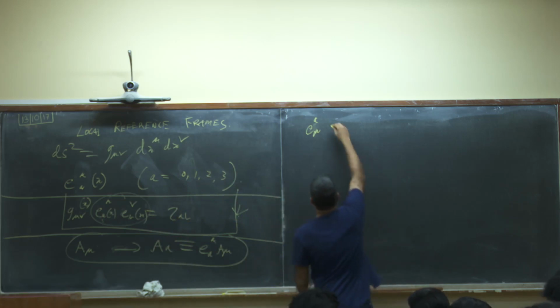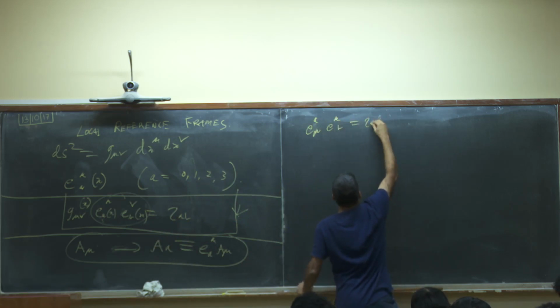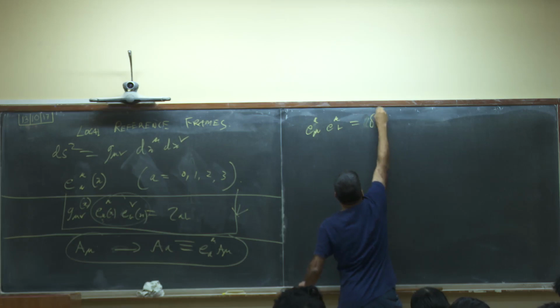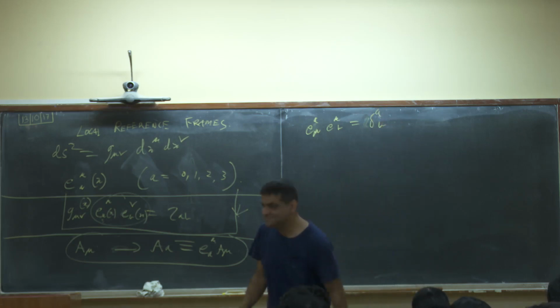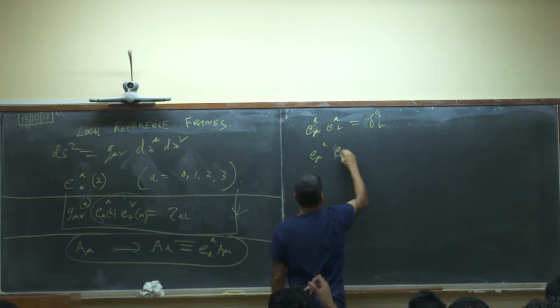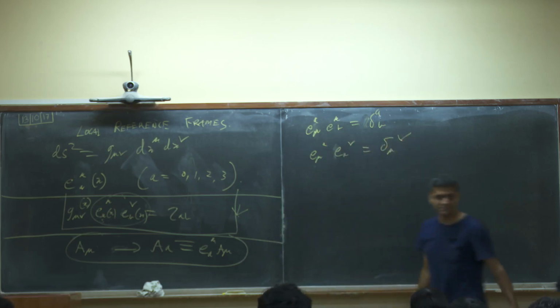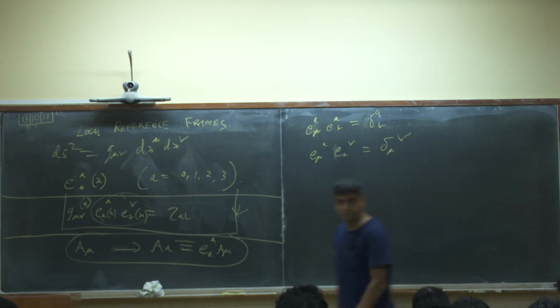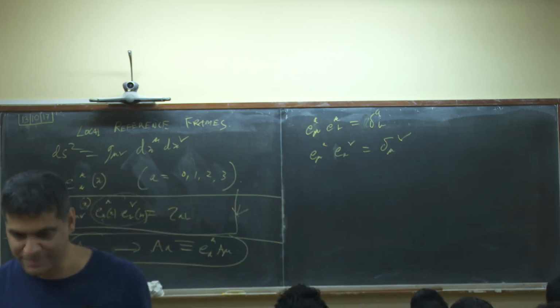This is defined by e^a_mu e_b^mu equal to delta^a_b. And equivalently, because of the properties of inverses, e_a^mu e^a_nu is equal to delta^mu_nu. This requires that the matrix be invertible.